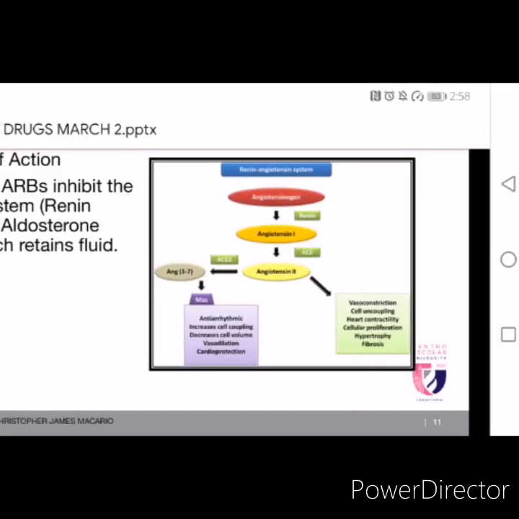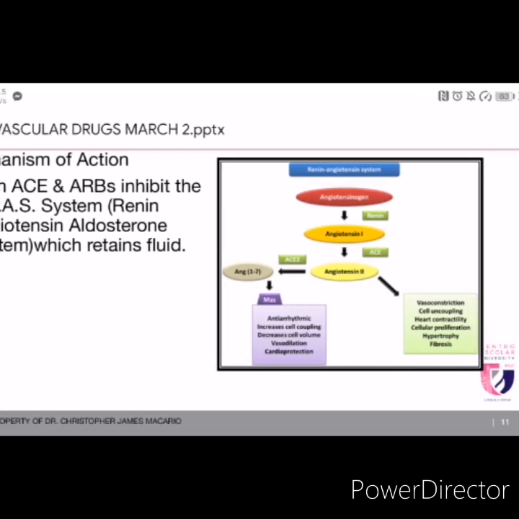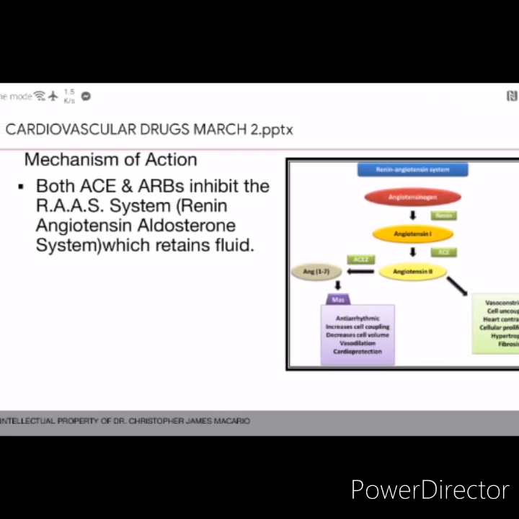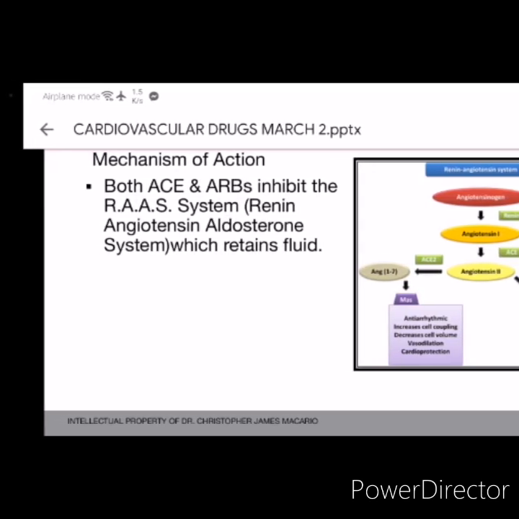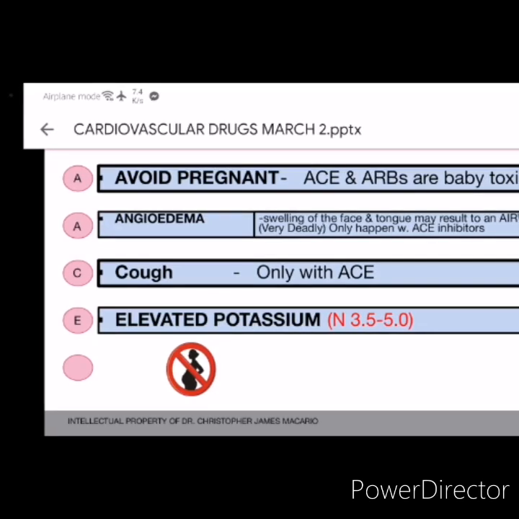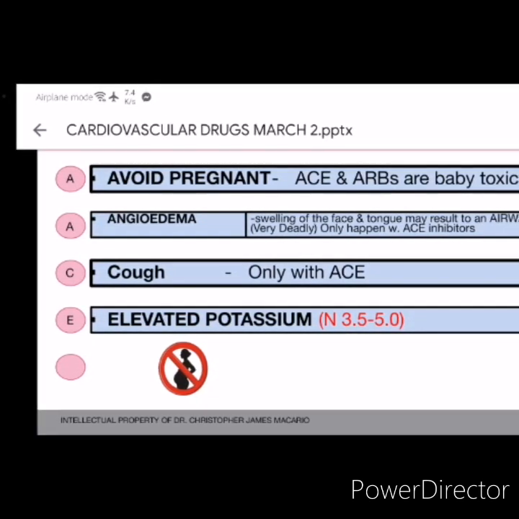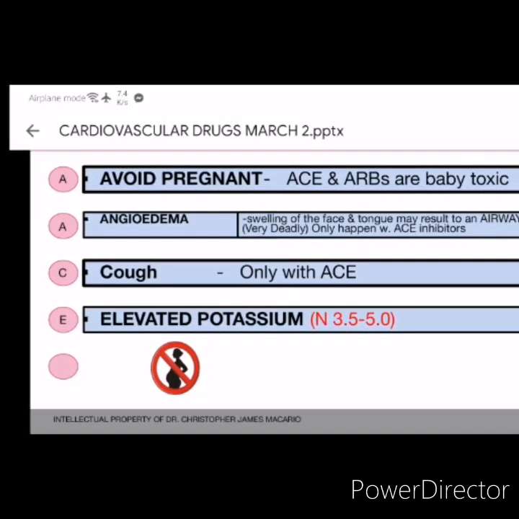Okay? The mechanism of action of both ACE and ARBs is that they inhibit the RAAS, or the renin-angiotensin-aldosterone system, which retains fluid. Kasi nga, yun yung ini-inhibit natin. So, tinatanggal yung sodium. Okay?